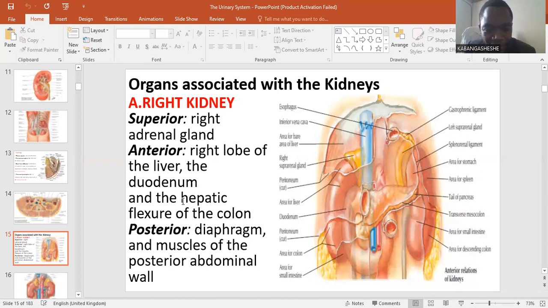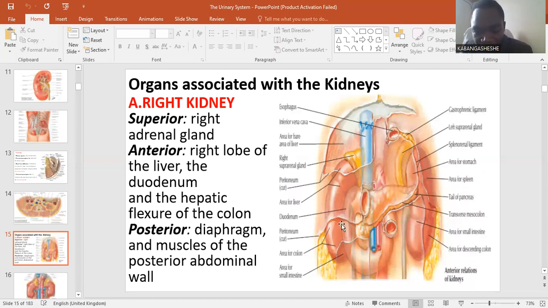Then lastly is the hepatic colic flexure, or you can simply say the right colic flexure. This is where the ascending colon reaches this point and then makes an arc to become the transverse colon.